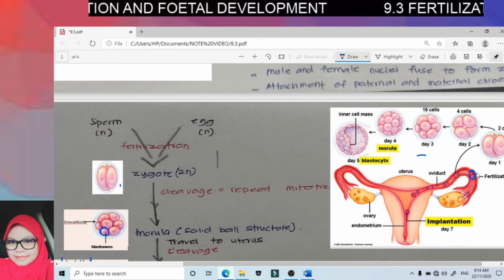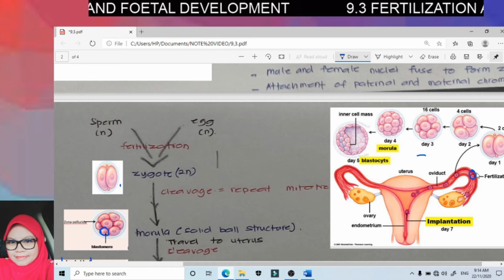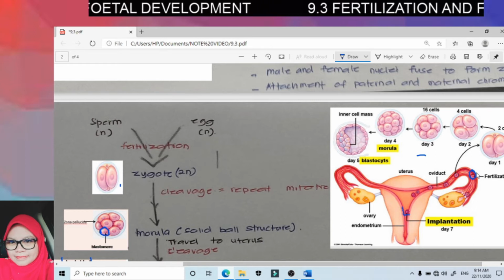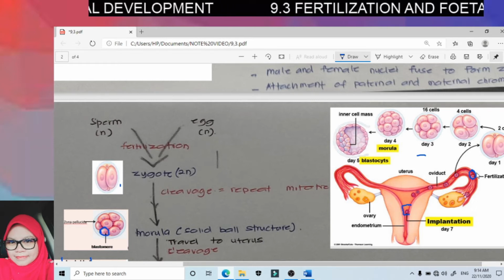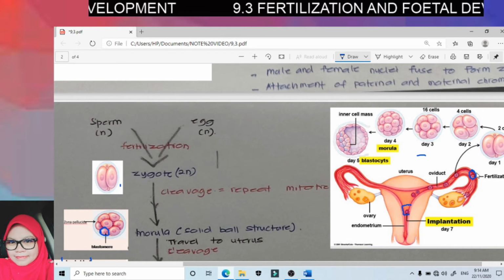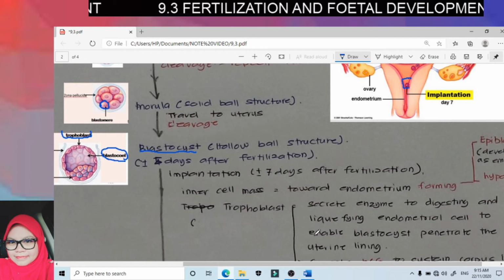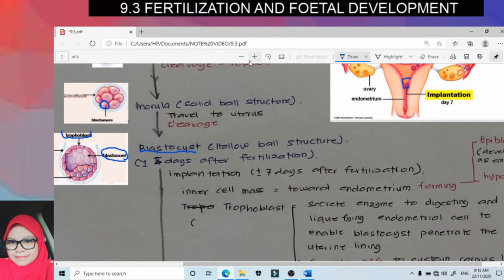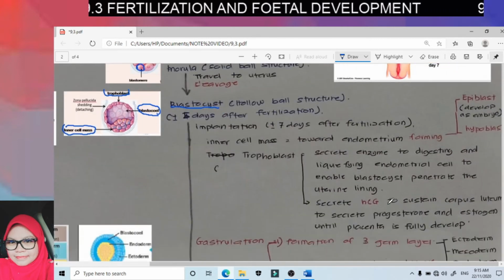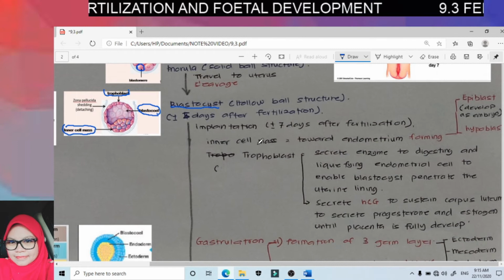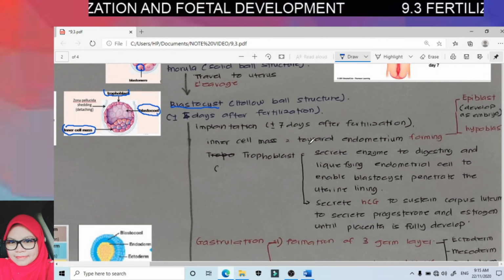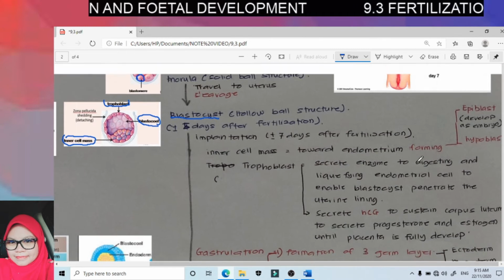So this blastocyst will implant, okay, meaning it will bury itself in the endometrium wall. You need to know that the inner cell mass is towards the endometrium.